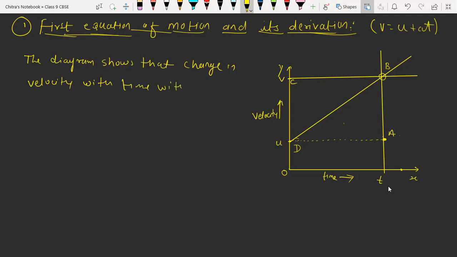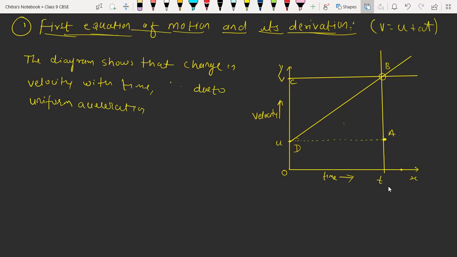Time with uniform acceleration. So the diagram shows that a change in velocity with time, then comma, with uniform acceleration, or we have to write, instead of with, we have to write due to. The note is again hanging beta. Okay, due to due to uniform acceleration. Okay.